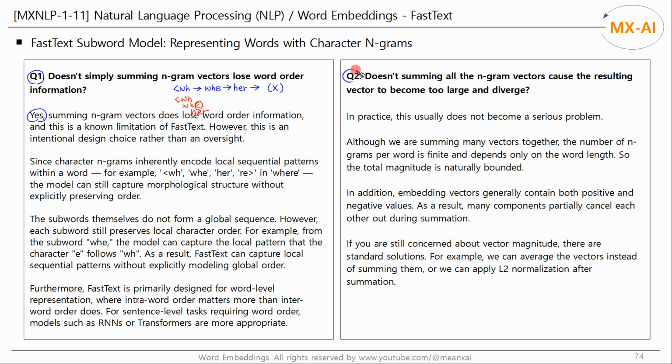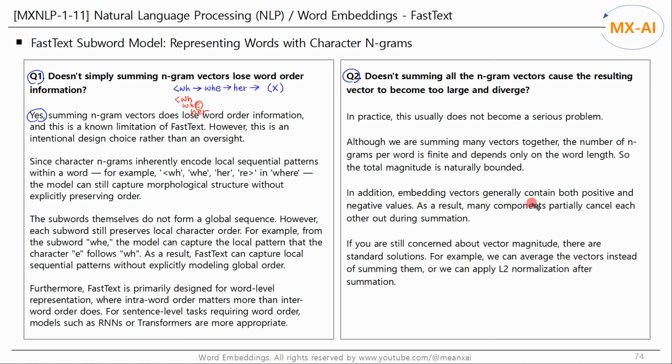The second question is, doesn't summing all the n-gram vectors cause the resulting vector to become too large and diverge? In practice, this usually does not become a serious problem. Although we are summing many vectors together, the number of n-grams per word is finite and depends only on the word length. So the total magnitude is naturally bounded.